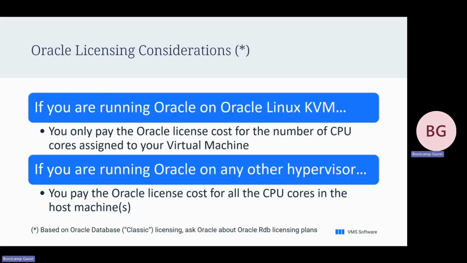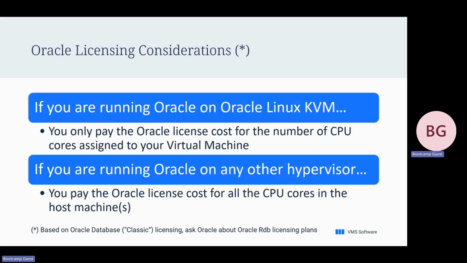When it comes to the choice of which KVM to pick, Red Hat or Oracle, one thing to consider is the Oracle licensing scheme. I cannot say anything for sure about how Oracle plans to license Oracle Rdb on x86. I do know how Oracle licenses the Oracle Classic database products on x86.